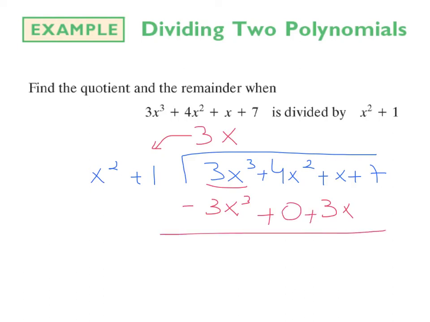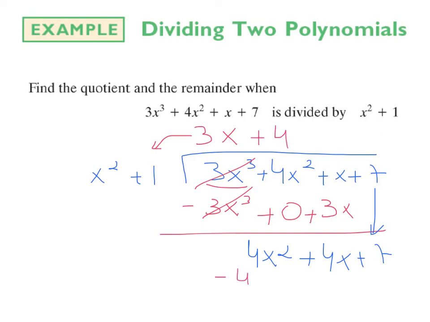Now we add the first term with the second term. We have 3x cubed minus 3x cubed, which is 0. 4x squared plus 0 is 4x squared, and x plus 3x is 4x. And then the 7 will go down, so it will be 7 here. Now 4x squared over x squared is 4, actually. 4 times x squared is 4x squared.